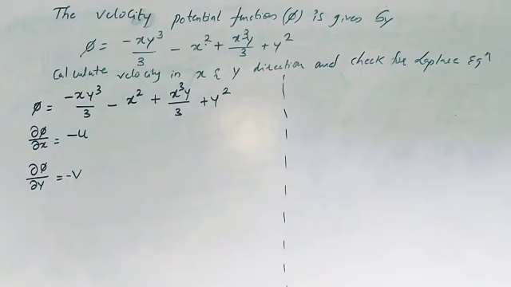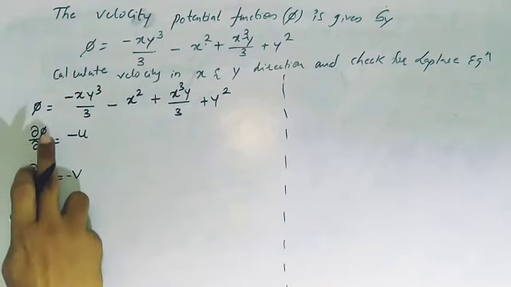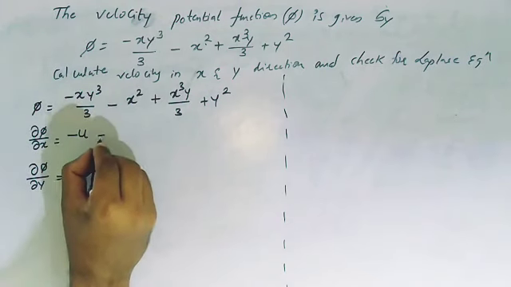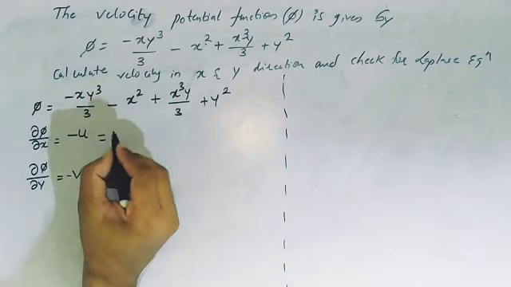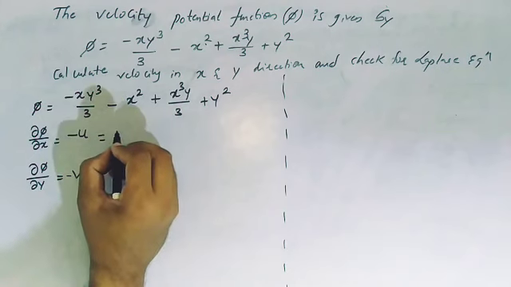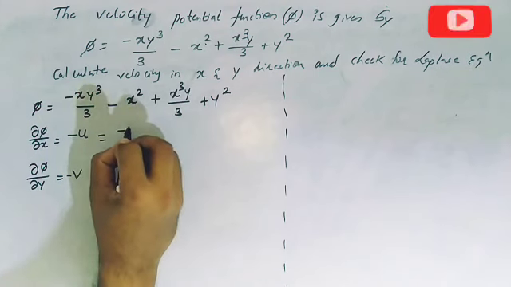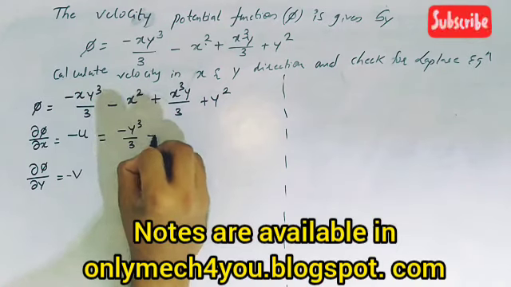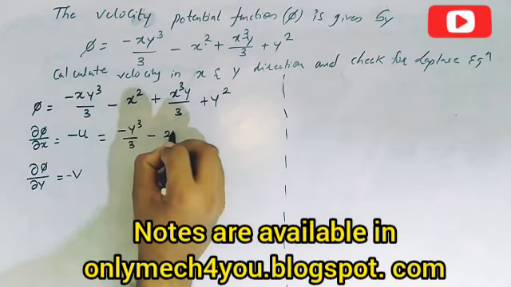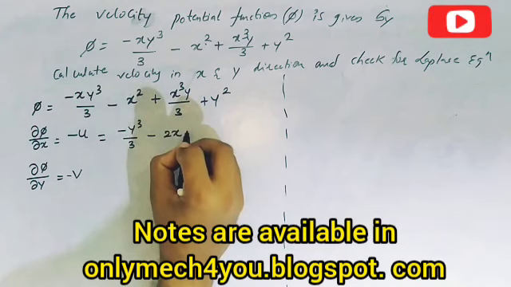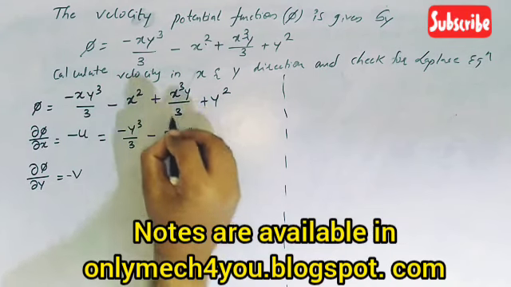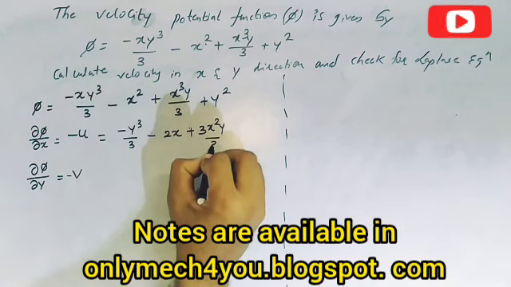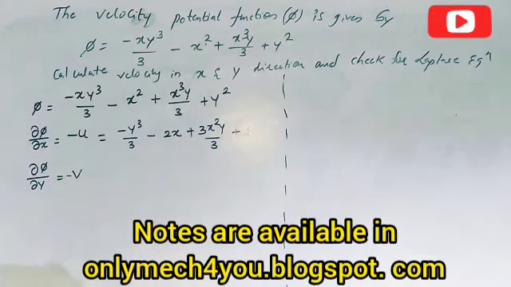Now the u term is nothing but differentiating the phi equation with respect to x. So now I will differentiate that equation. Here it will be minus y cube by 3, next minus 2x, then partially differentiating here, it will be 3x square y by 3 plus 0.